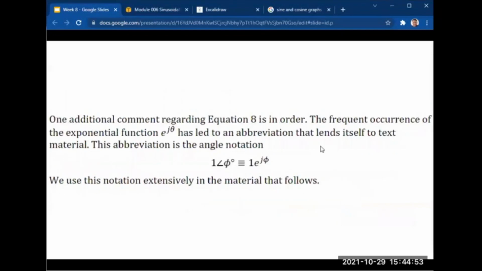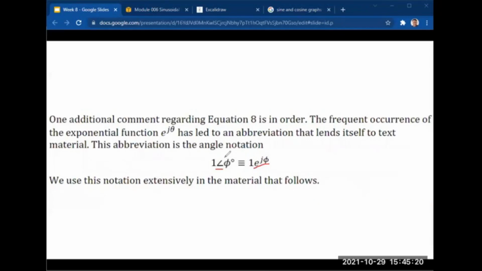One additional comment regarding equation 8 is in order. The frequent occurrence of the exponential e raised to j theta has led to an abbreviation that lends itself to text material. All right, so this one. If you can recall from your advanced mathematics that usually instead of writing e raised to j theta, we write this one.